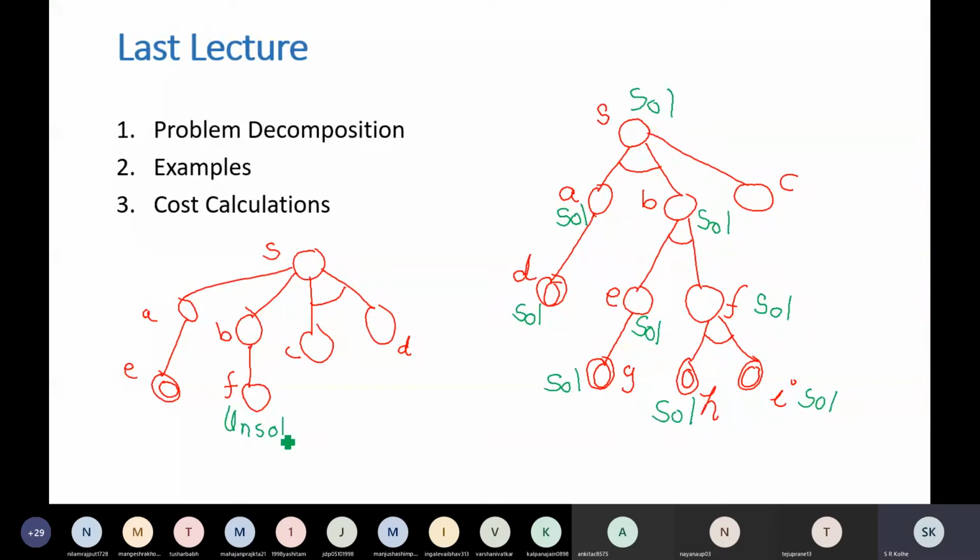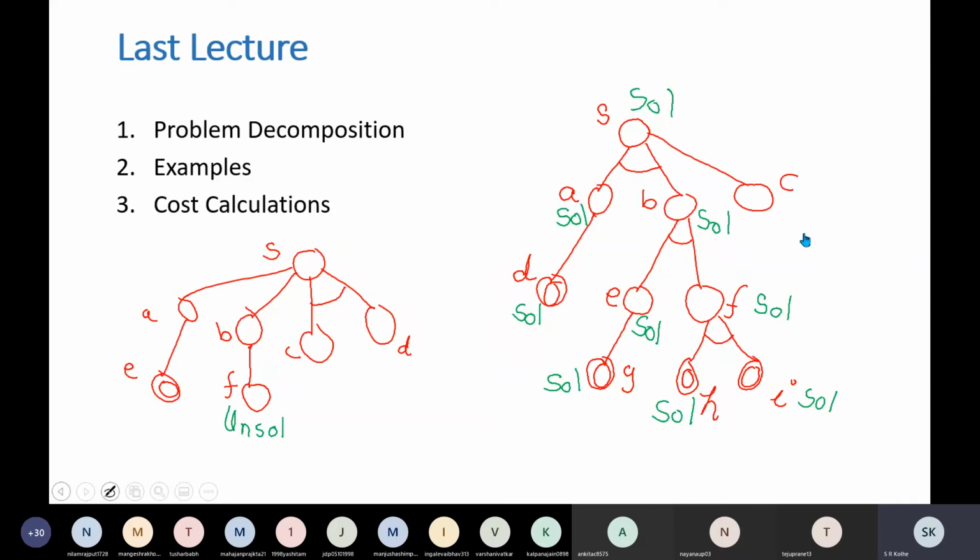Now what will happen? How will labeling proceed? Will B become unsolvable? Because of this F, will B become unsolvable?